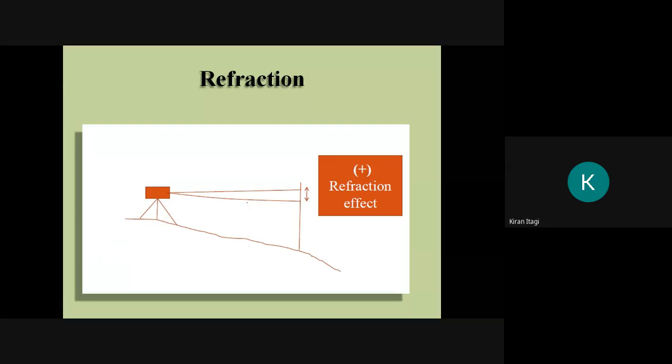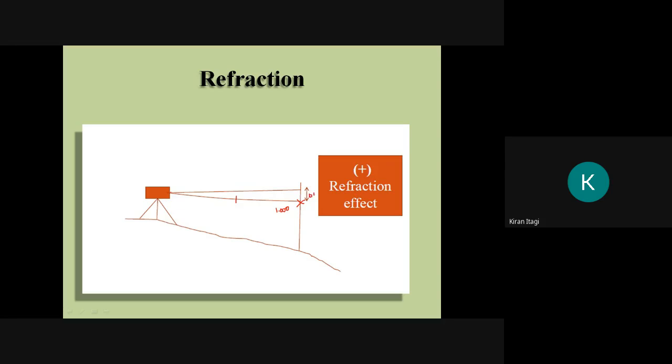See here, this is the reading, where the rays have been bent, and we have got the reading. How much correction is it?